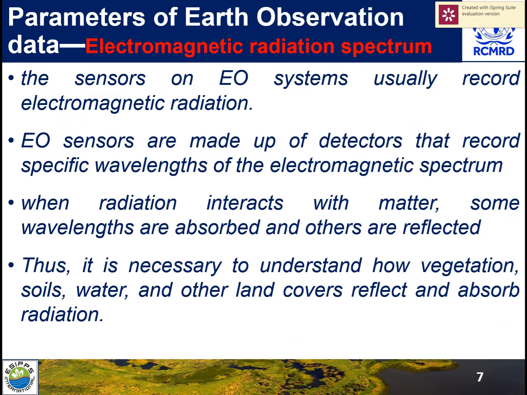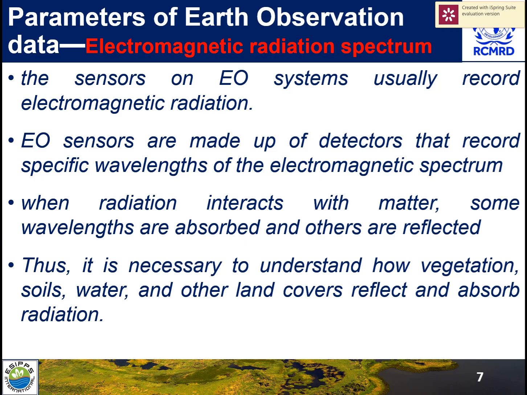We want to look at a few things about this Earth observation data. One, the sensors that are on Earth observation systems, the EO systems, which, for example, are the satellites, usually record what we call electromagnetic radiation.